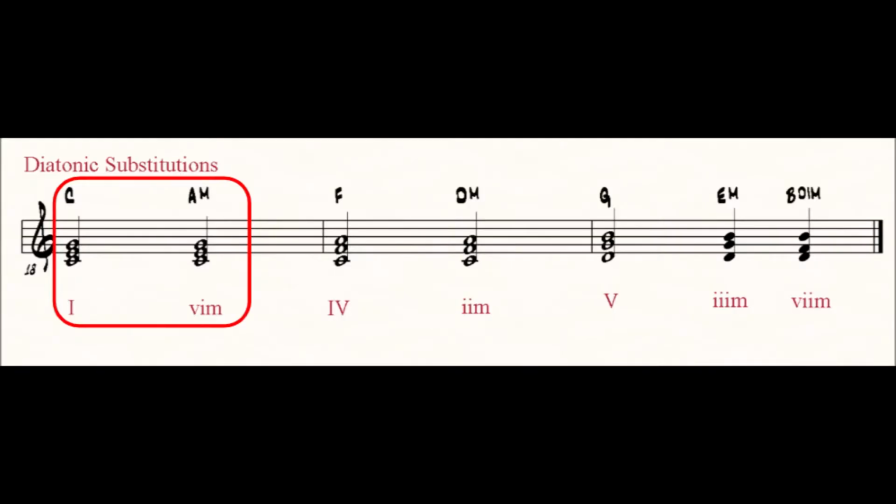Now I went from a C major, C E G, to C E A. I took the 5th of the C major chord and I turned it into the root of the next chord, which is A minor. Now the reason why this is a substitution is because it sounds very similar.